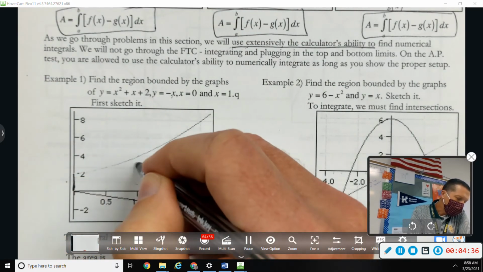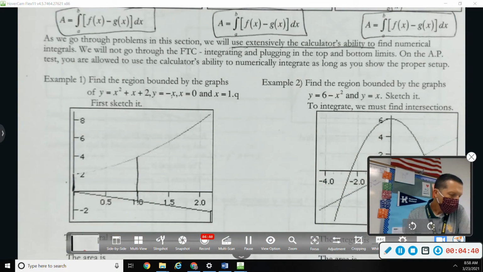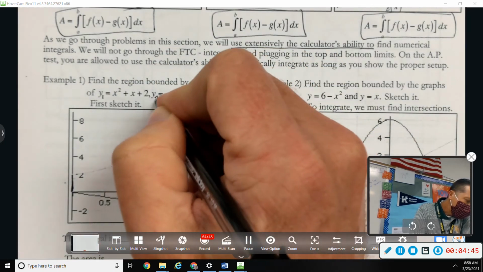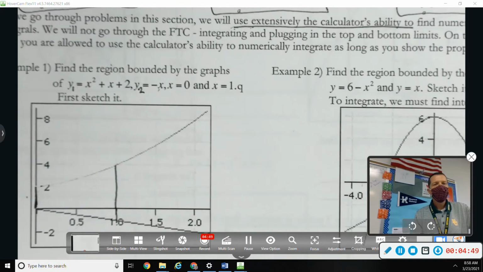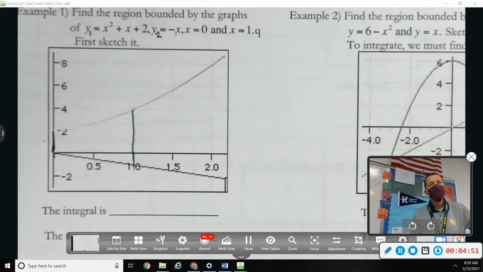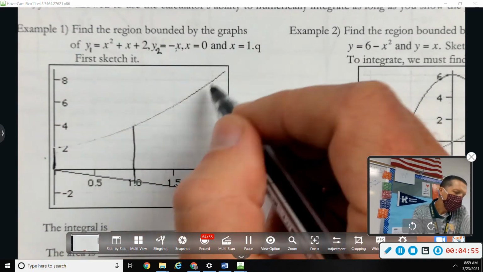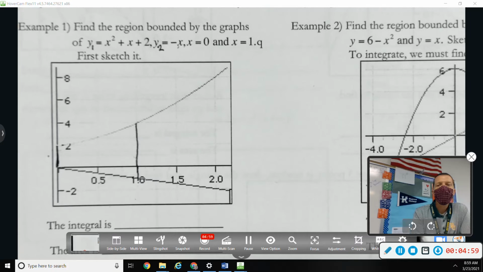I mean, x equals 0 and x equals 1, that's easy. Let's call them y1 and y2. So, which equation is this top curve? Is that y1 or y2? And how do you know?